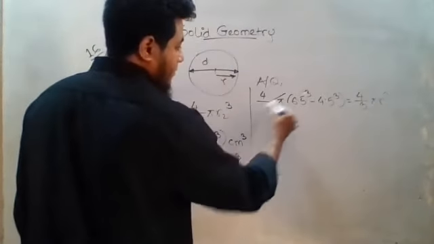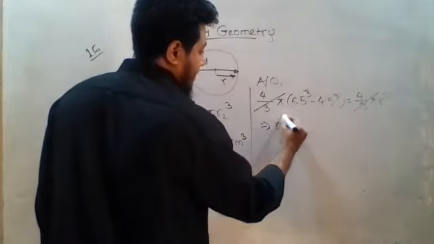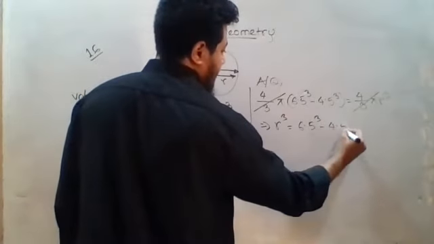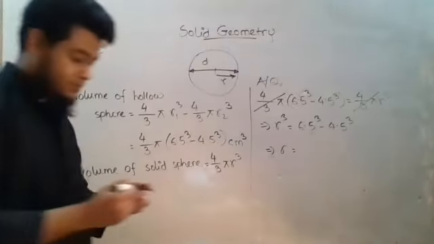From both sides, 4 by 3 pi gets cancelled, and r cube becomes 6.5 cube minus 4.5 cube. From here, find the value of r and tell me the answer.